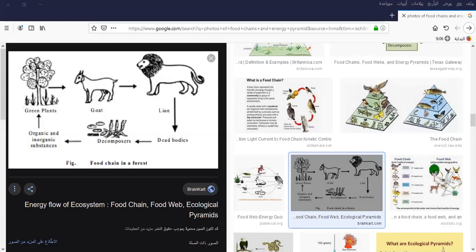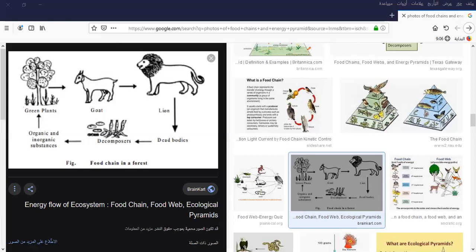So it is a cycle. The energy found inside the plant is transferred to the goat. How? When the goat eats this plant.